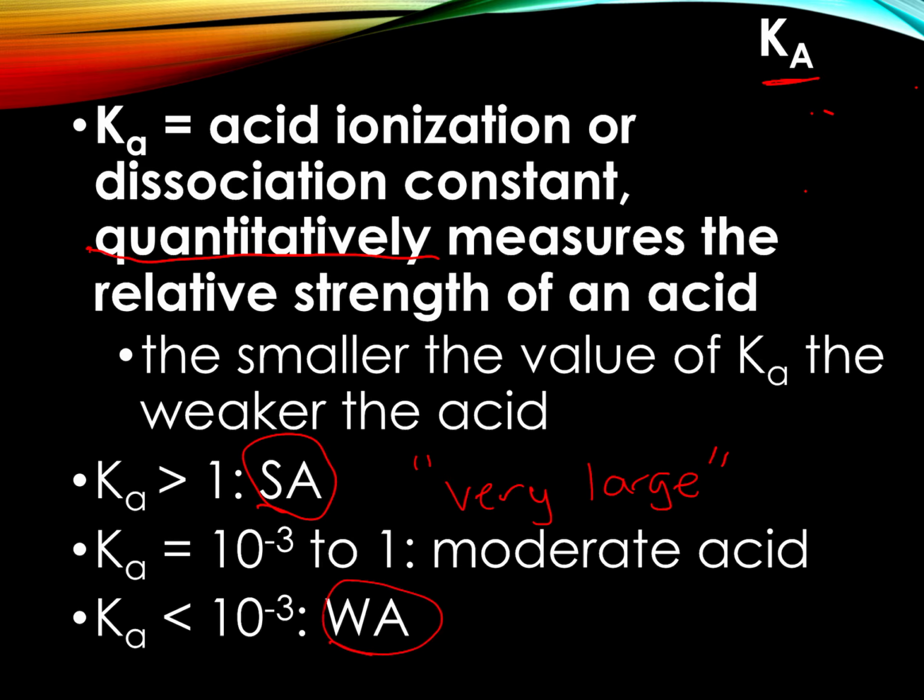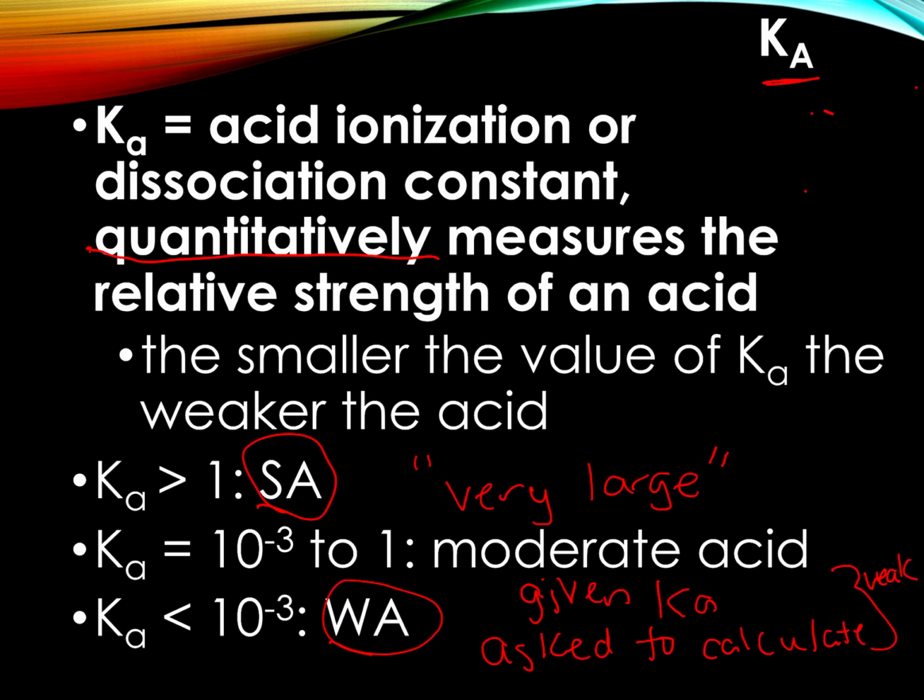And we're actually going to use the 100 rule. Again, I said this in the videos for the last section. There are some situations where I don't think you should use the 100 rule, and your textbook still does. So in this section, whenever you are given a Ka value, like an actual number, or asked to calculate it, that means weak.